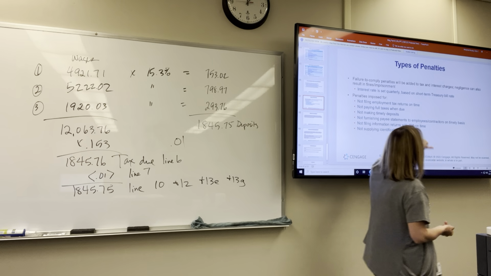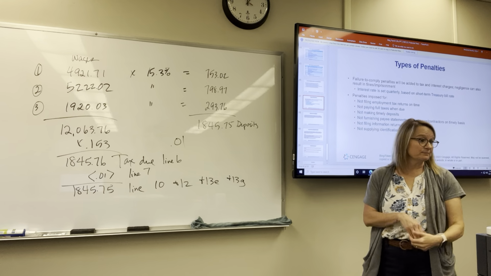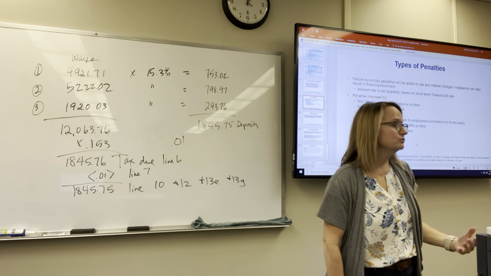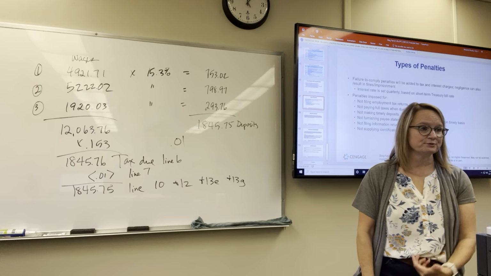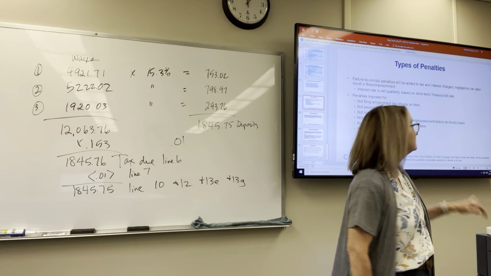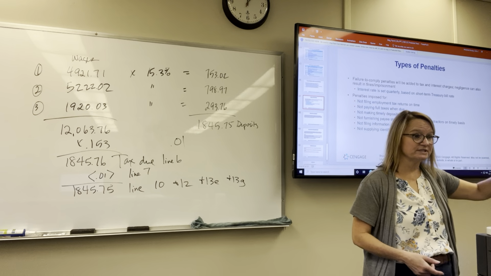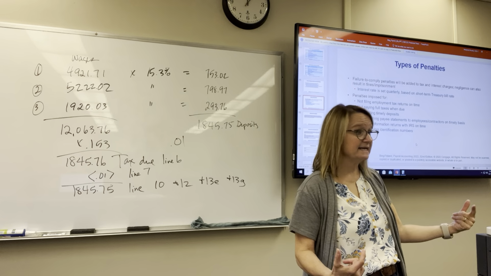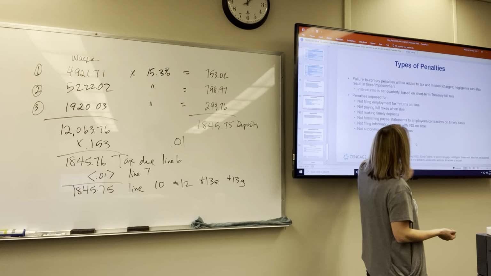Not furnishing payee statements to employees or contractors on a timely basis. W-2s and 1099s. If you don't issue the W-2s to employees by the 31st of January, but you send them out on the 5th of February, and somebody turns you in, there would be a penalty for not furnishing that. Same with the 1099 forms, if those are not submitted on time.